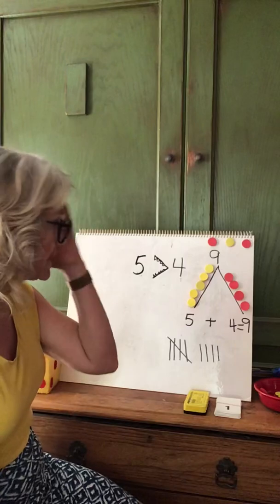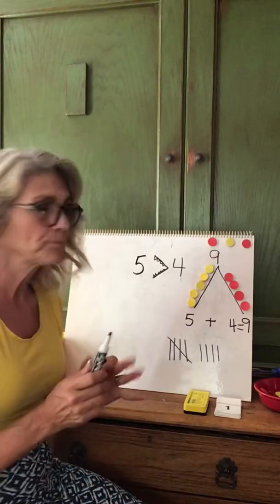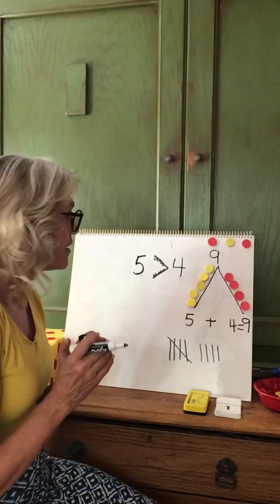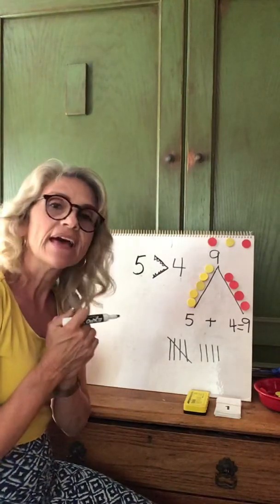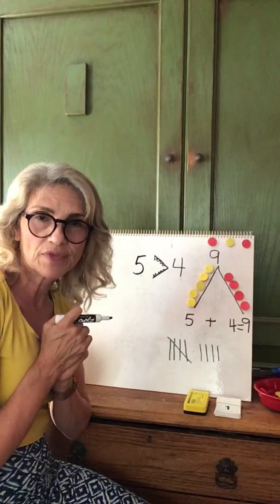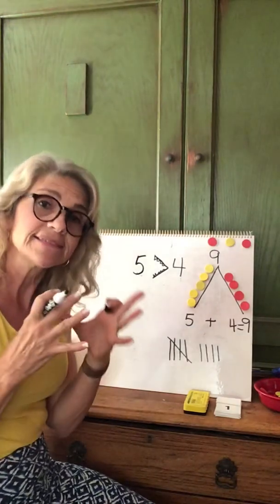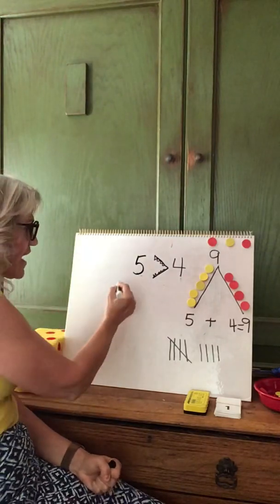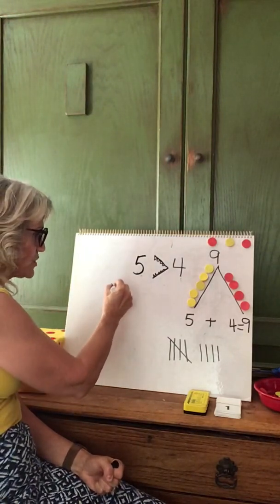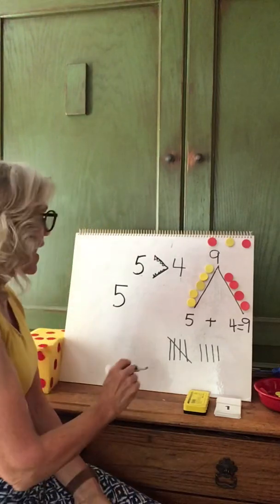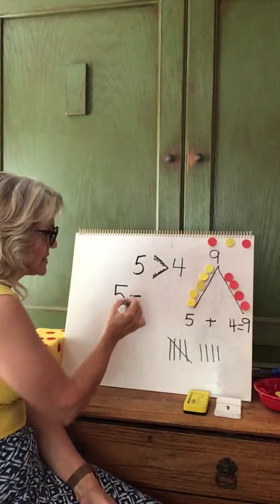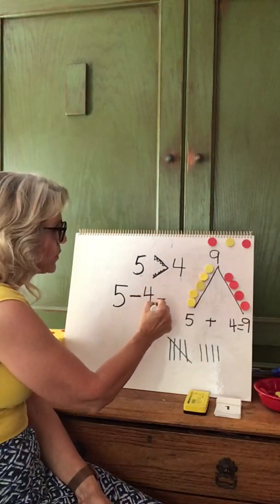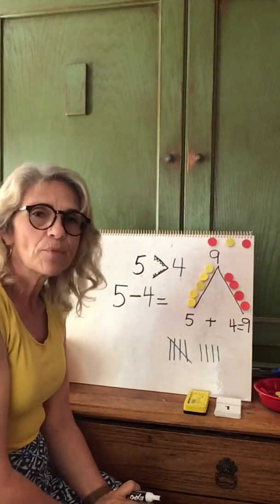So we've looked at it some different ways. Now, let's take those same numbers. Why don't we go ahead and take our numbers 5 and 4, and let's do a little subtraction problem with them. Now remember, subtraction is taking away. So I'm going to take 5 first. You have to start with the biggest number. And then I'm going to do the subtraction symbol, which is a little line, and then the 4 equals. Now, there's a couple ways we could do that.